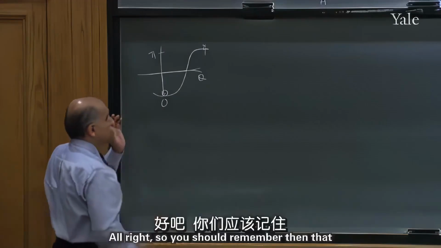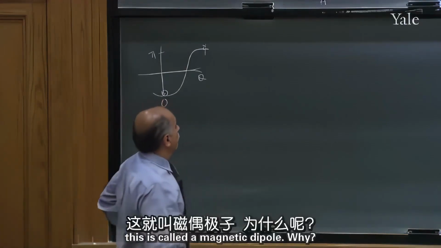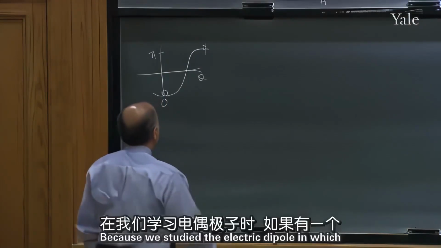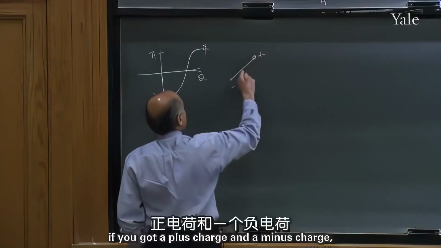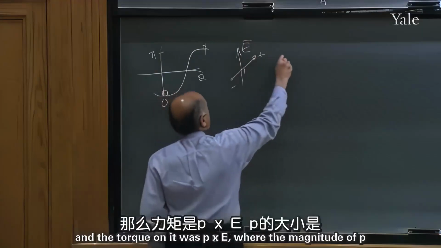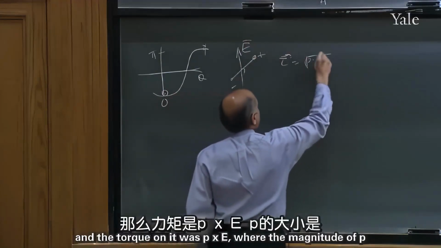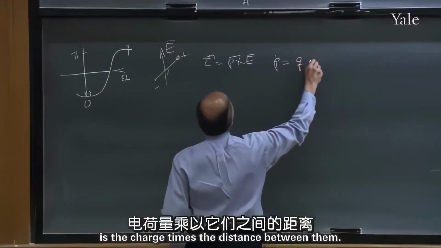So you should remember that this is called a magnetic dipole. Why? Because we studied the electric dipole, in which if you've got a plus charge and a minus charge, and you've got an electric field E, then the torque on it was P cross E, where the magnitude of P is the charge times the distance between them.